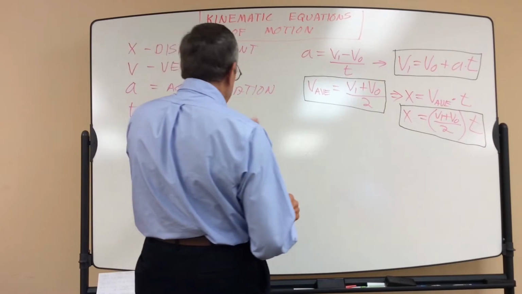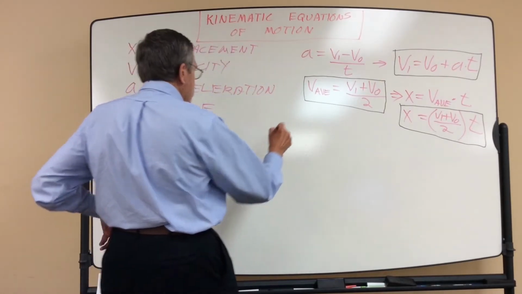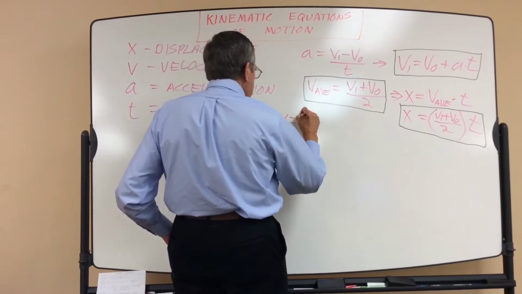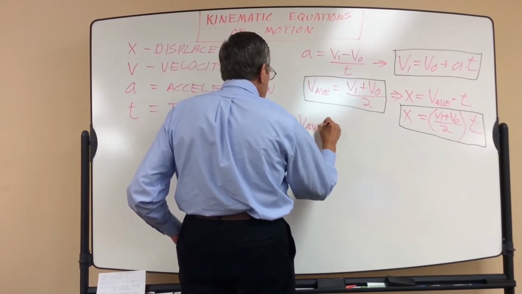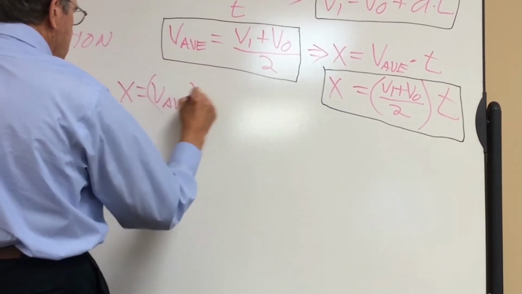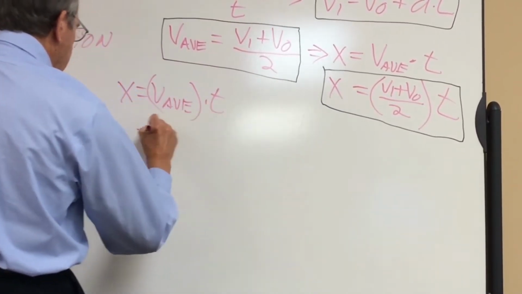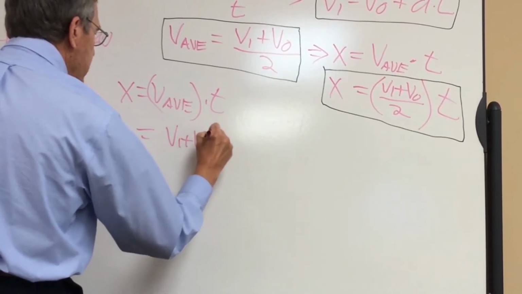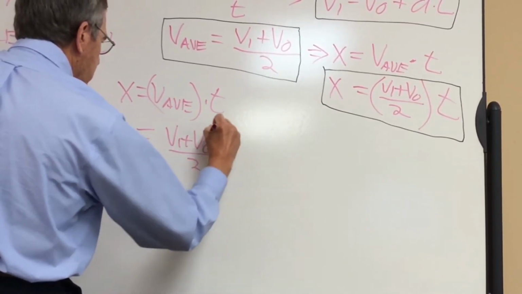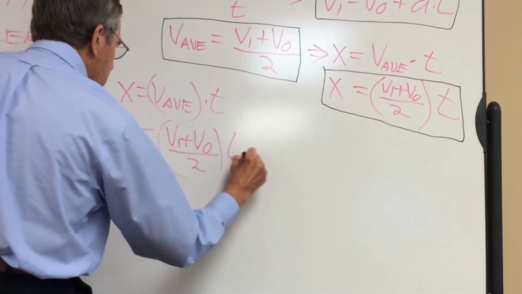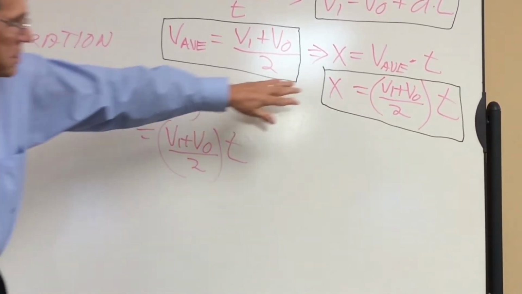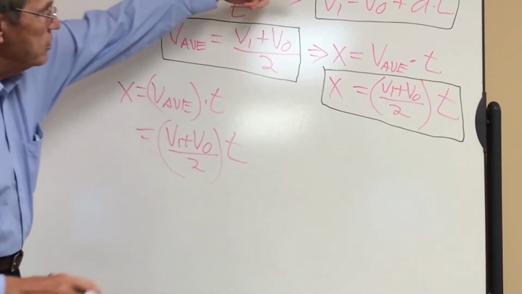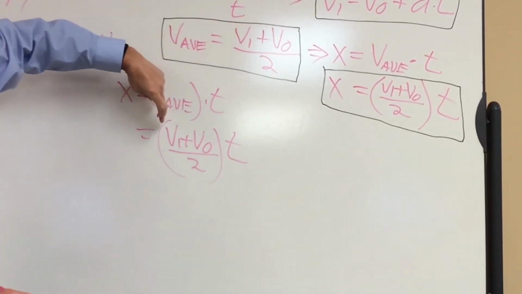Well, if we take this x equals v average times t, then that becomes v1 plus v0 over 2 times t. That's just this equation right there. And now what we're going to do is plug our first equation into our second equation.